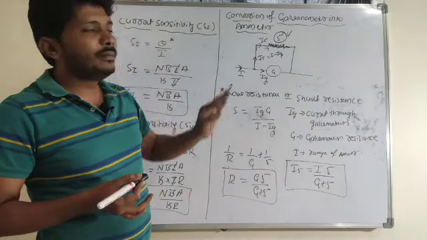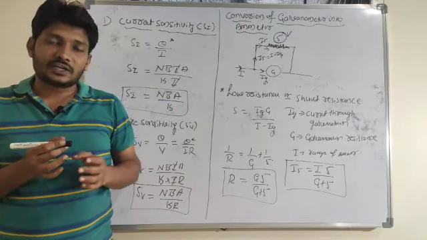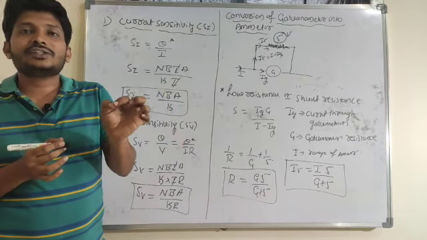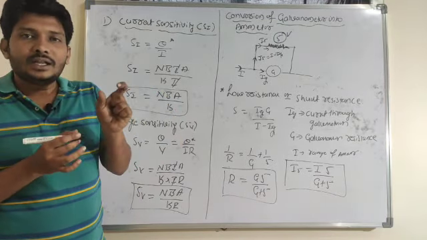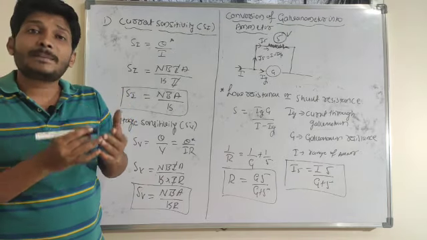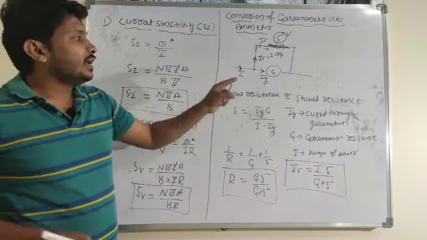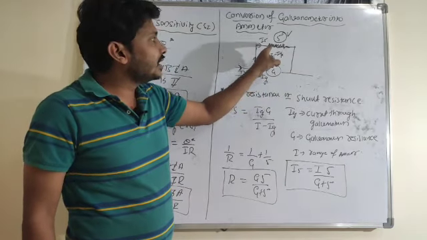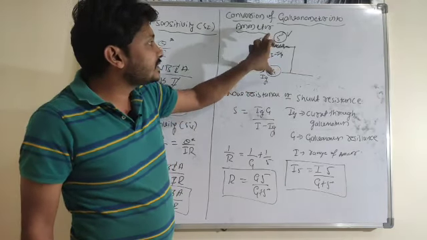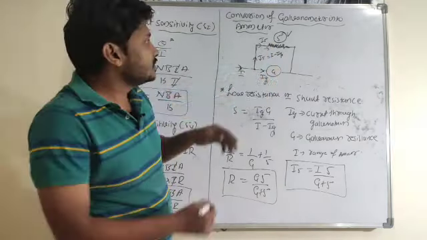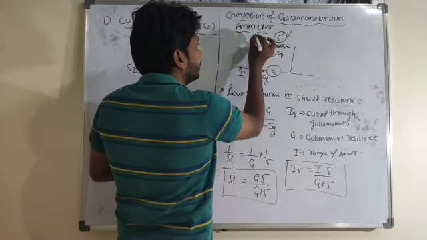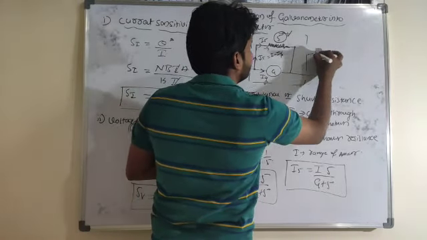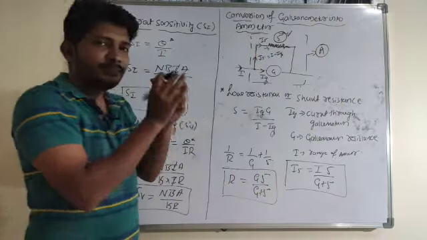So in order to measure current in any circuit, what should be the nature of connection? Should I connect the ammeter series to the circuit or parallel to the circuit? In order to convert galvanometer into an ammeter, a low resistance is connected parallel to the galvanometer. Now this entire setup behaves as an ammeter.